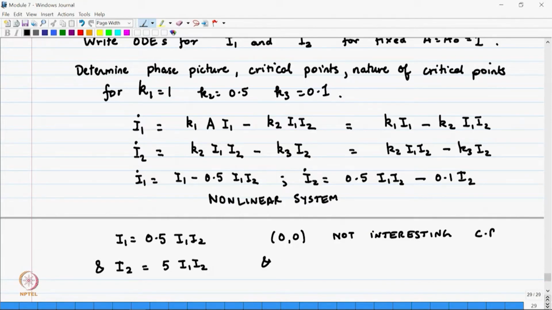The other critical point is I2 equal to 2 and I1 equal to 0.2. So this critical point is 0.2 comma 2.